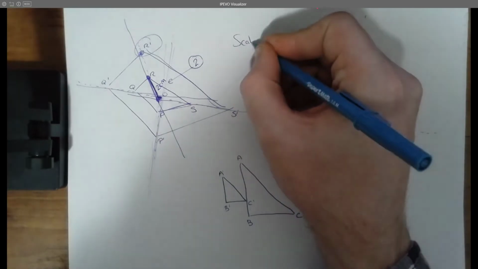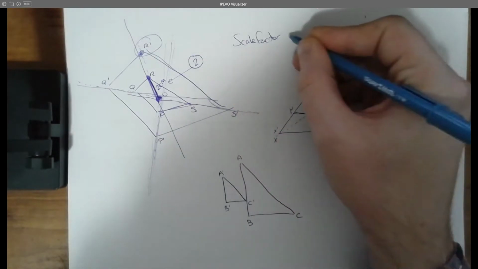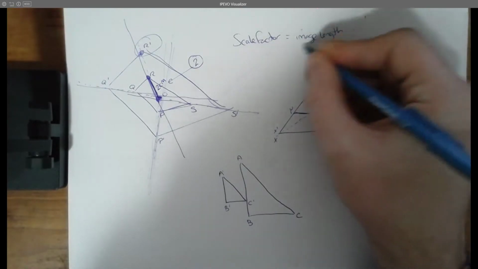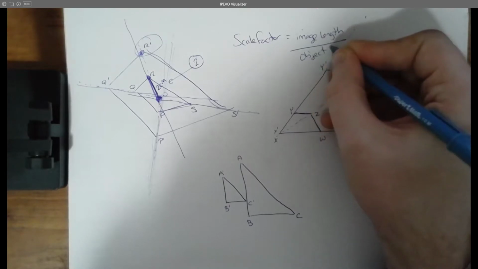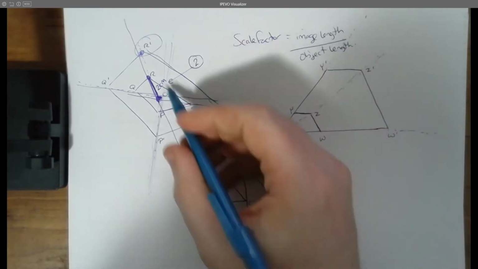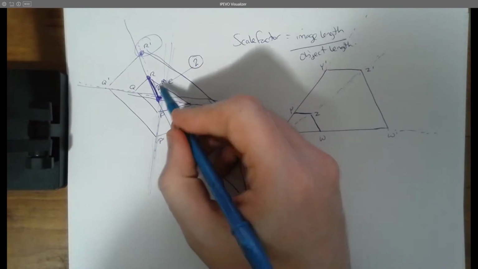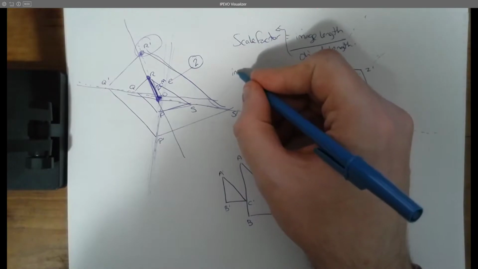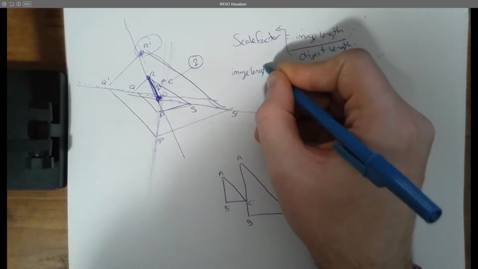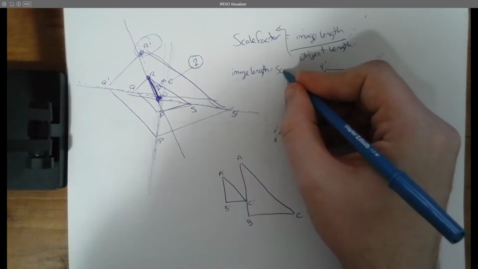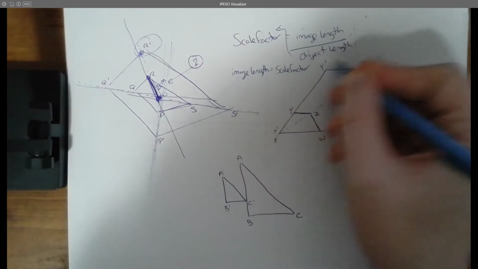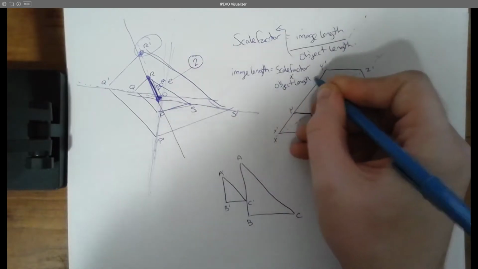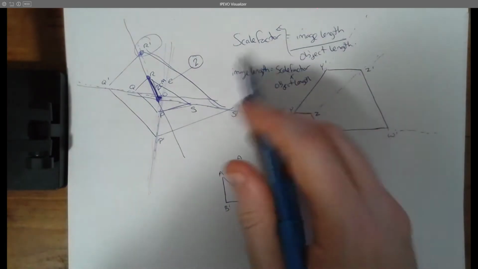All right, we talked about how scale factor equals image length divided by object length. So if the object length here is 2 centimeters, I multiply that out, so image length also equals scale factor times the object length. Running out of room here, but hopefully that makes sense as we work it around.